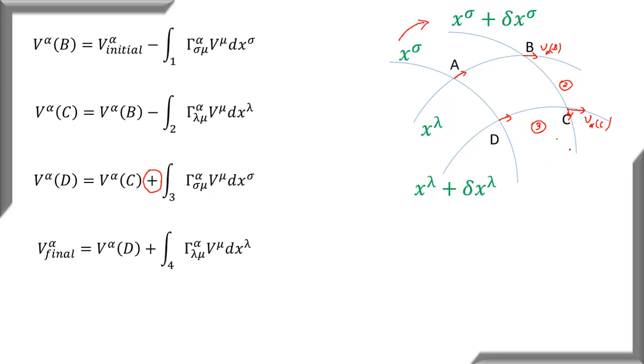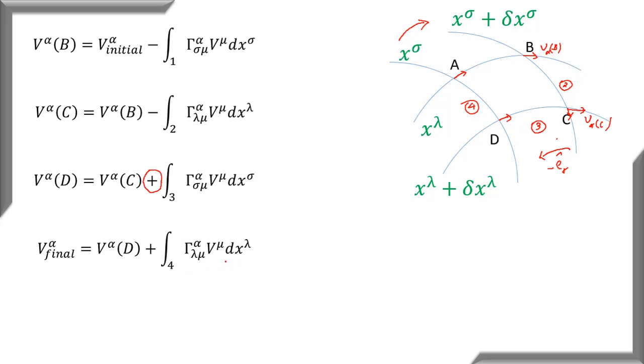Here I am transporting it in the negative direction, that is in the negative E sigma direction. That's why I have a positive sign over here. Similarly, when I transport it back to A, that is V alpha final. V alpha final is nothing but V alpha of D plus the integral over the fourth path and this function over here.